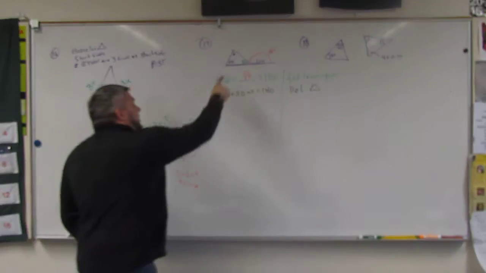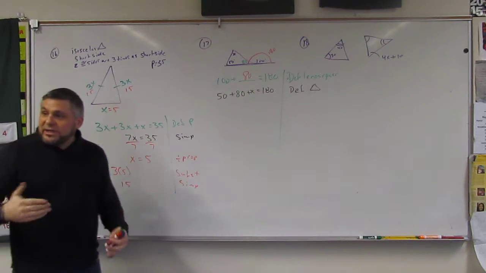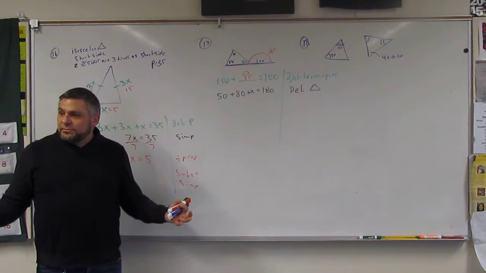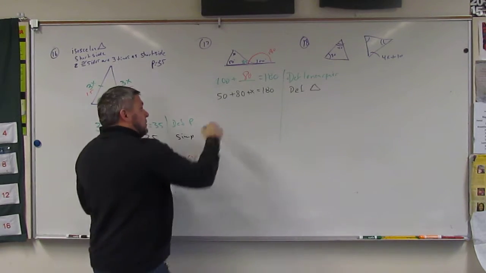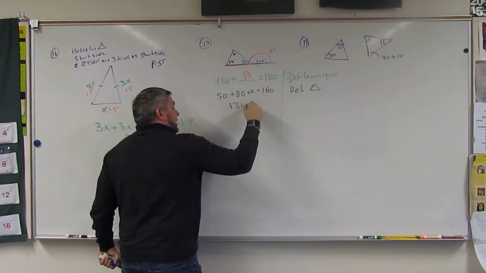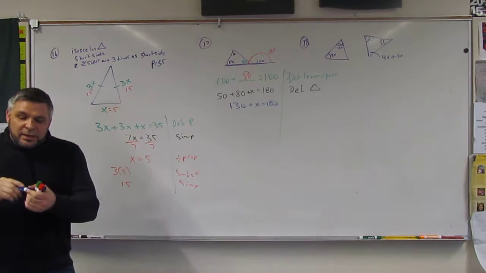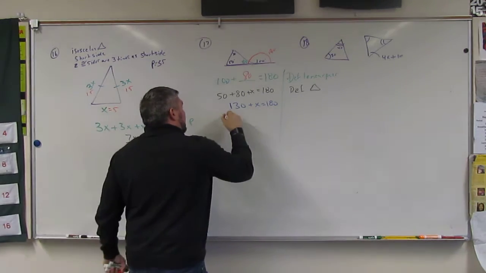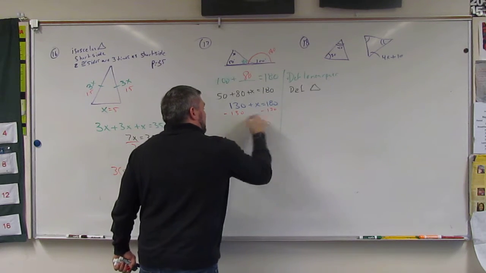So what's 50 plus 80? 130. Okay? And so now subtract 130, and you get x is equal to 50.